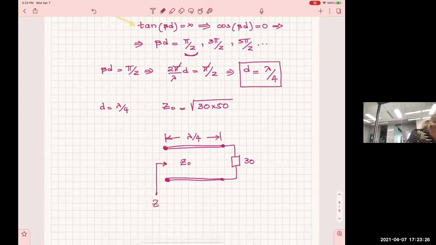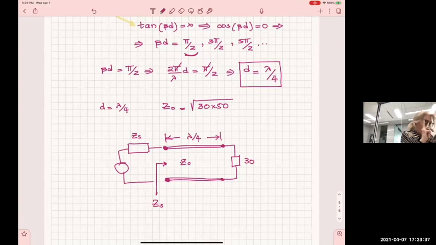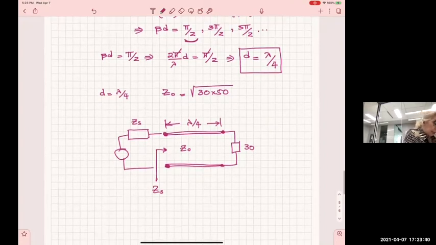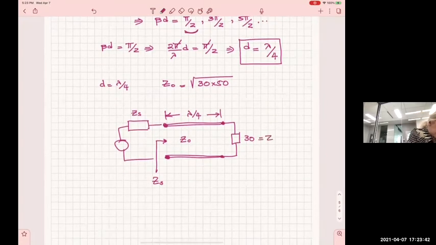So let's call that ZS because we wanted to match to a load. A quarter of a wavelength line, and let's assume that this is ZL.